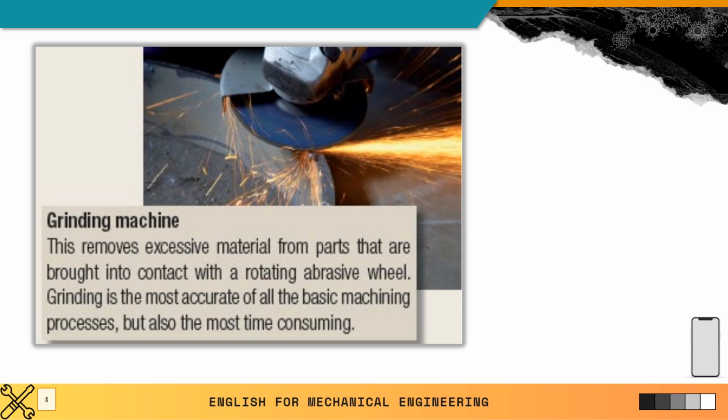Grinding machine. This removes excessive material from parts that are brought into contact with a rotating abrasive wheel. Grinding is the most accurate of all basic machining processes, but also the most time-consuming as well.